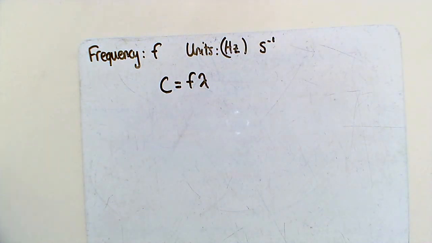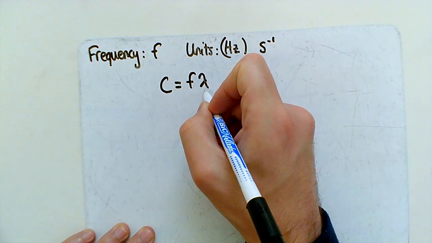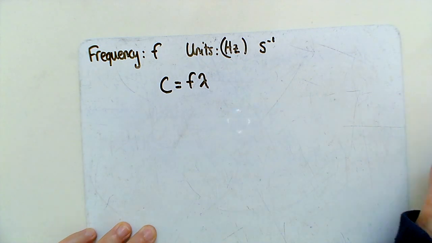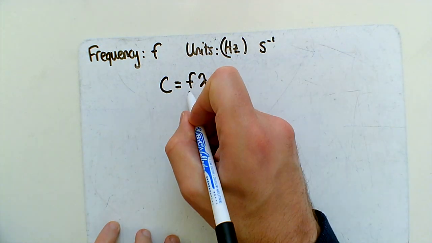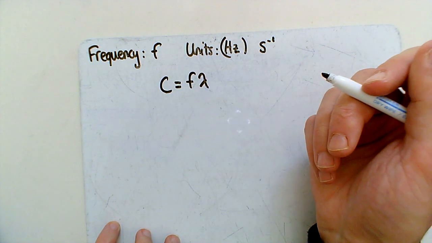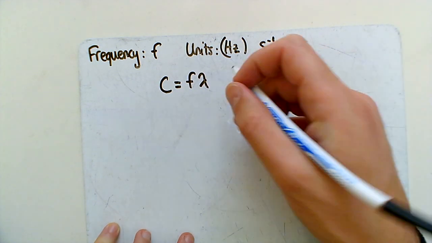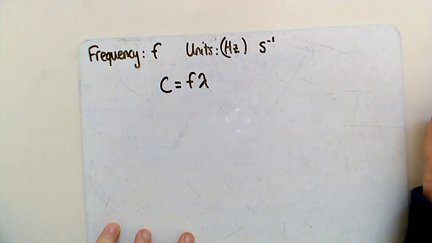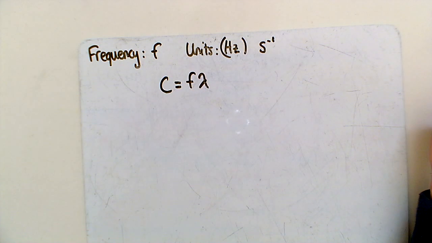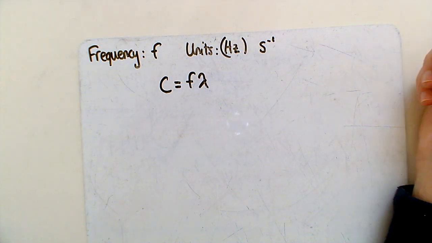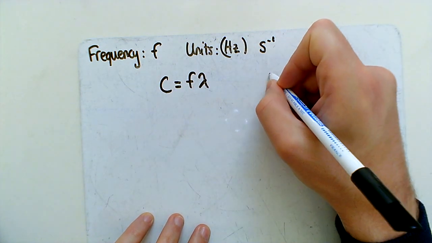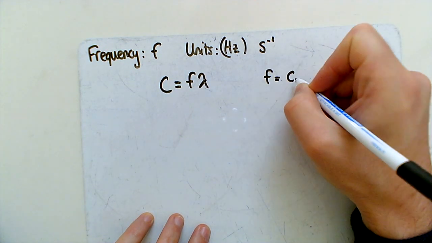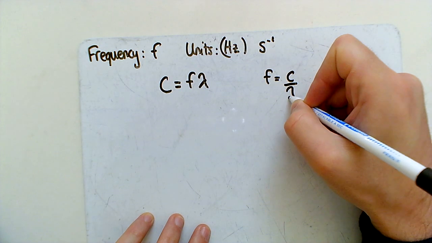So if you are given a lambda, you can work out the frequency, or if you are given the frequency, you can work out lambda. So normally what we would do is we would reorganize this equation so that frequency equals c divided by lambda.